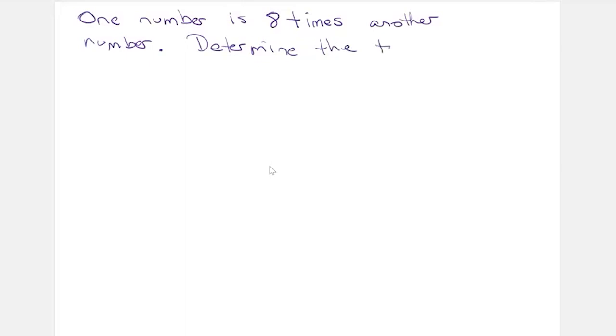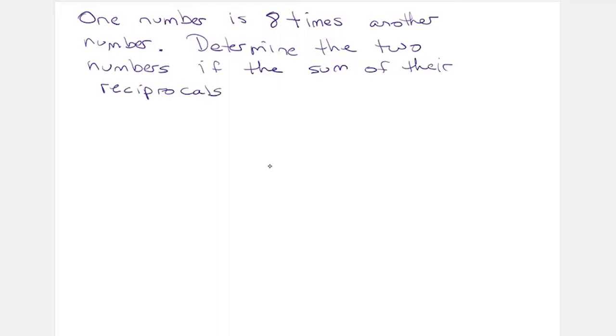The two numbers, if the sum of their reciprocals is 9 over 40. Okay, so we want to determine these two numbers.